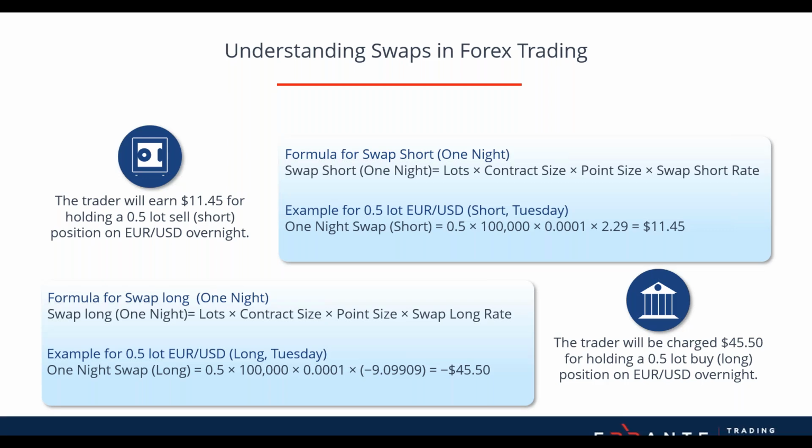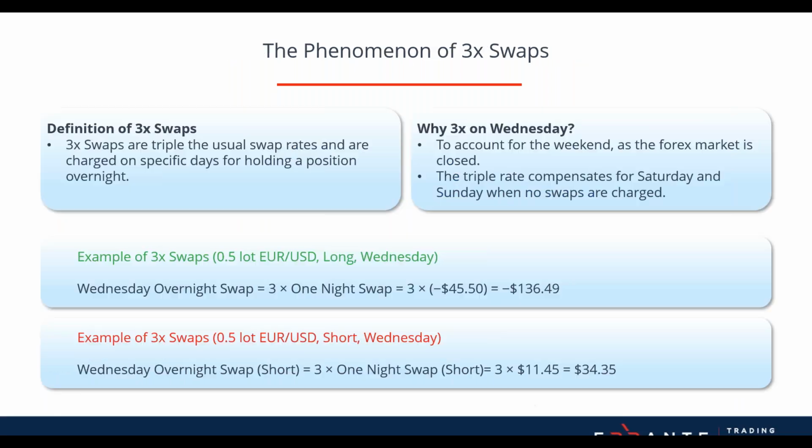In summary, mastering the art of calculating swaps is crucial, and understanding the concept itself. It's not just a number, it's a tool for making informed trading decisions, guys. Now, what if I told you that sometimes you could end up paying triple the swap rate? Let's explore this intriguing aspect as well.